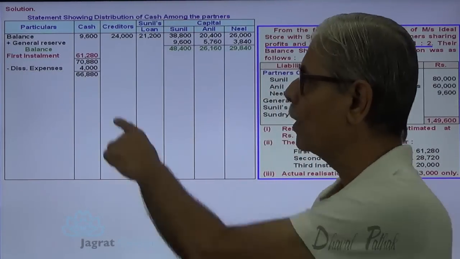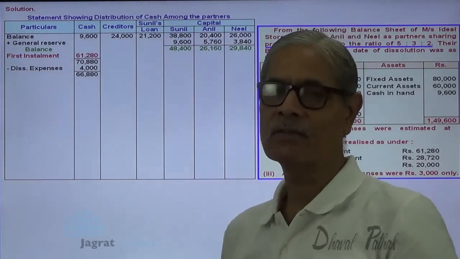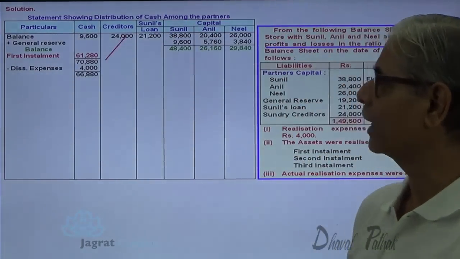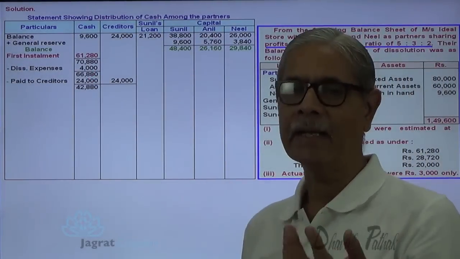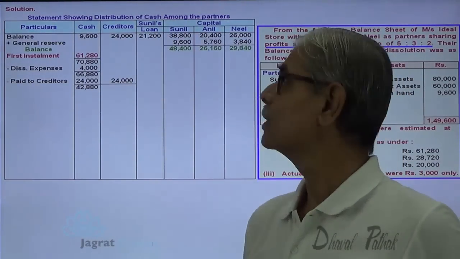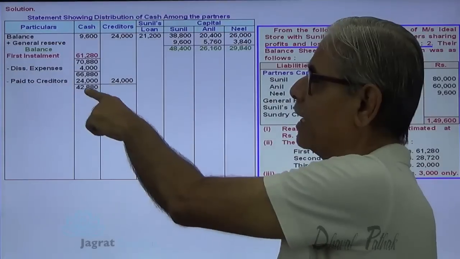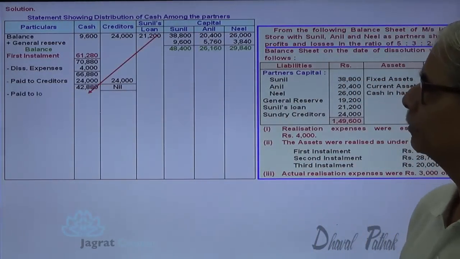First of all, I have got a cash balance on hand more than 24,000, so I pay 24,000 to creditors. So cash on hand left with me is 42,880. Partner's loan is 21,200. I have got sufficient cash to pay it out, so I pay Sunil's loan.